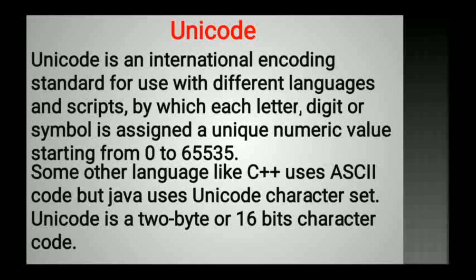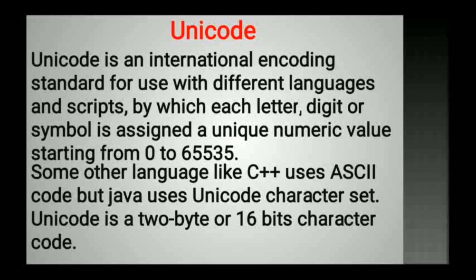It means 2 raised to the power 8, and 2 raised to the power 8 is equal to 256 characters, ranging from 0 to 255. And in the same way, Unicode is a 2-byte, it means 16-bit character code. 16-bit character code means 2 raised to the power 16, 2 multiplied by 2, a total of 16 times.